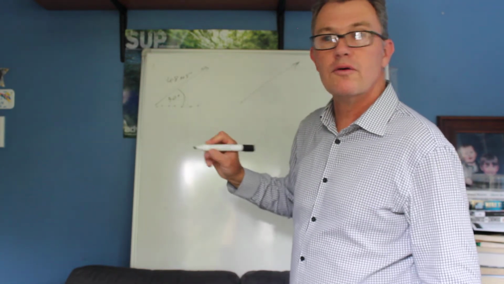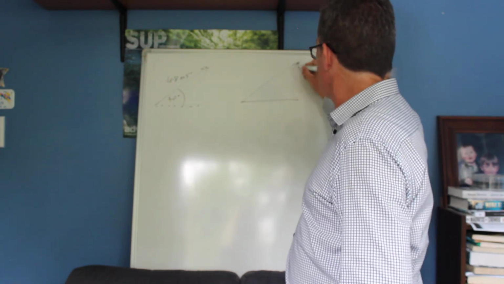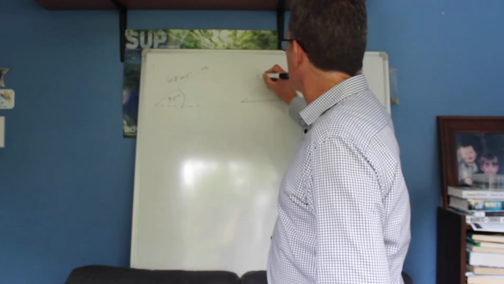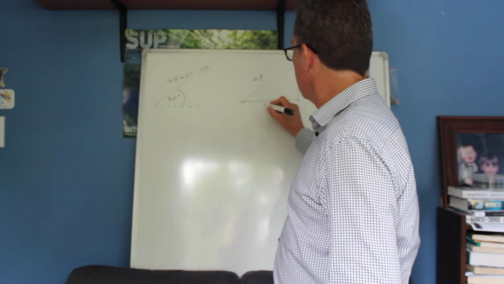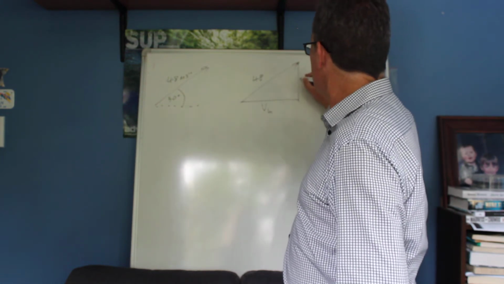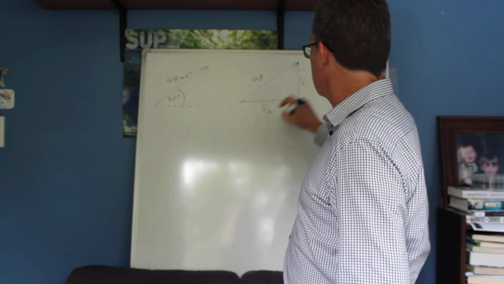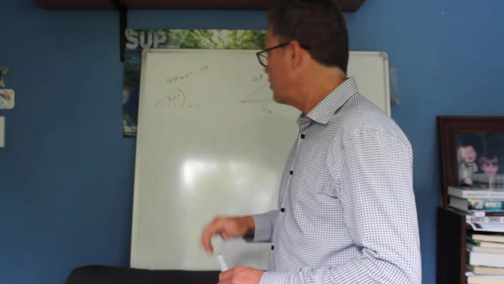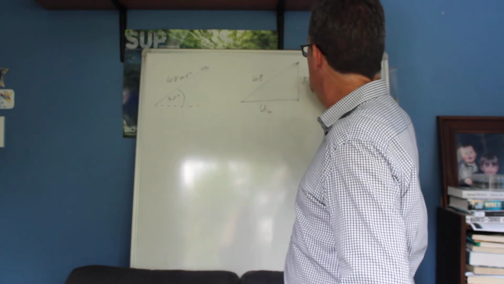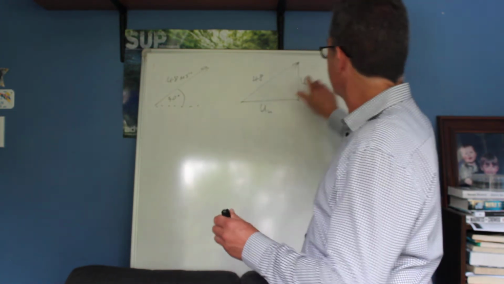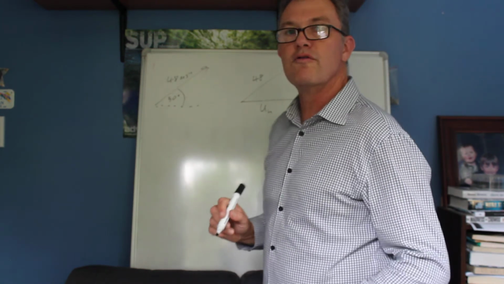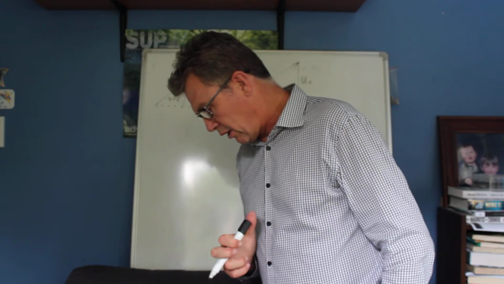You'll draw a triangle with a horizontal and a vertical, and you'll label them. This is 48, and this will be UH for horizontal, and this will be UV. We should call them U, because initial speed is normally U. So, how would we calculate these?